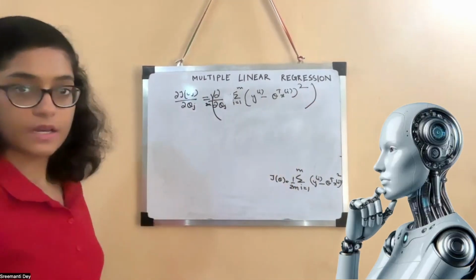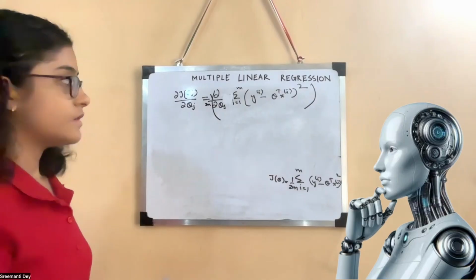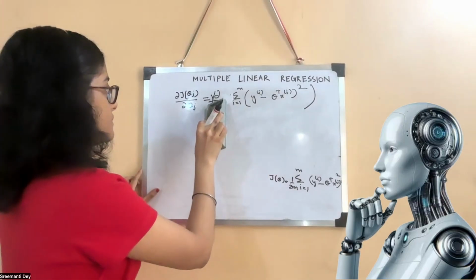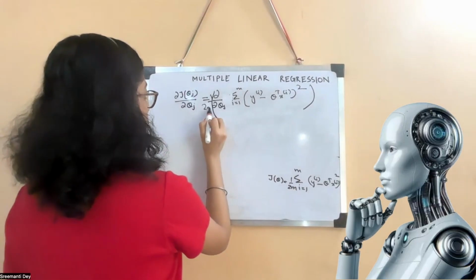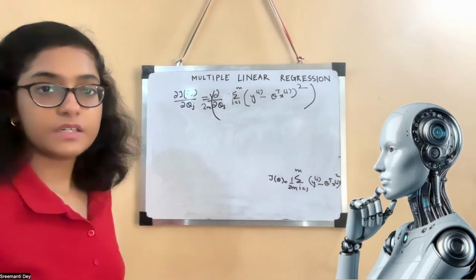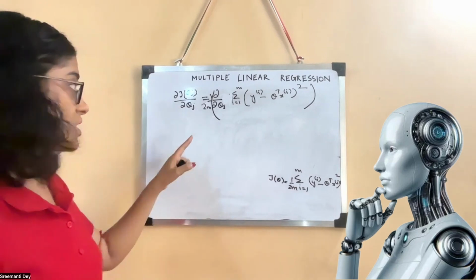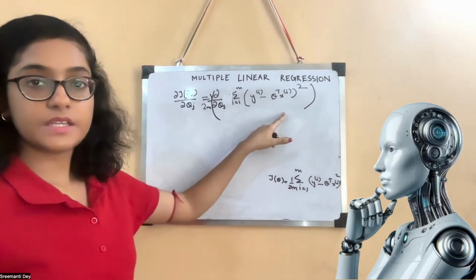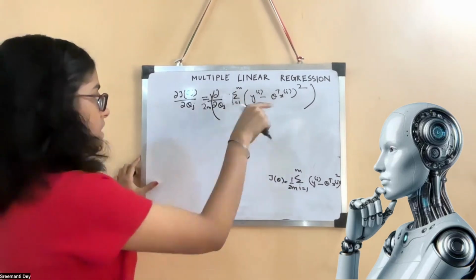This is what we need currently: 1 upon 2m, then d upon d theta j, and then the summation i equals 1 to m of (yi minus theta transpose xi) squared. Now let's differentiate.